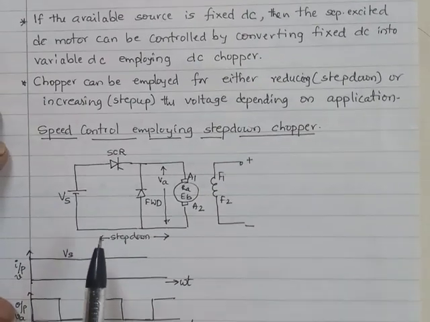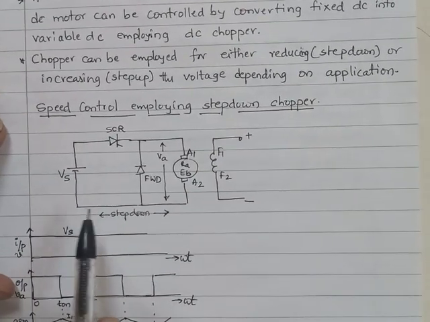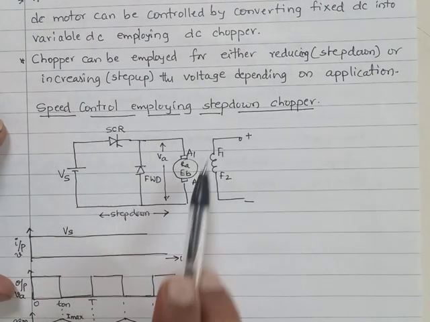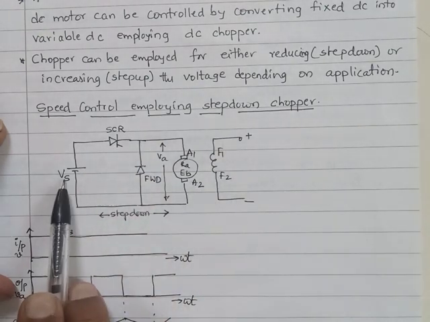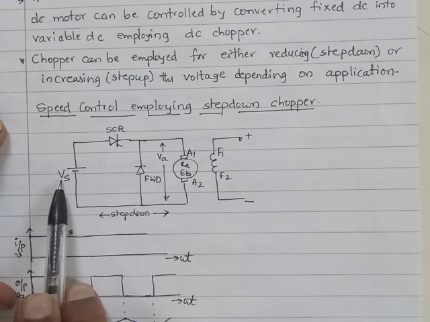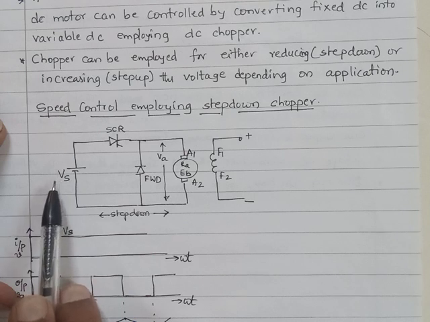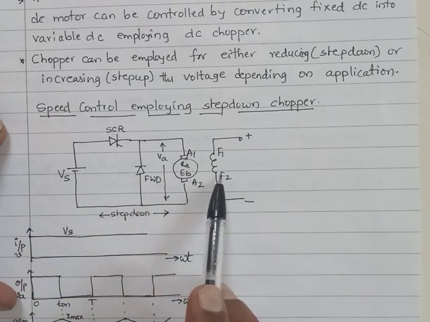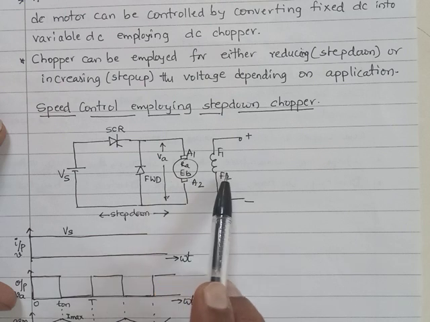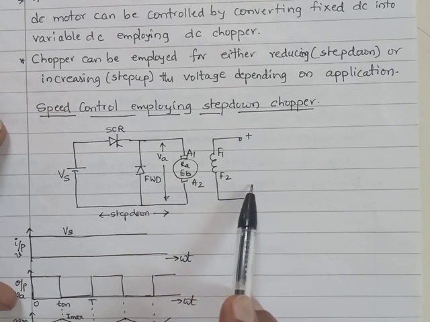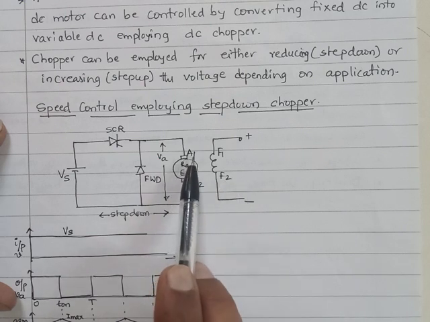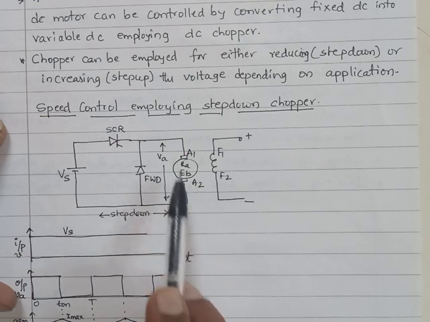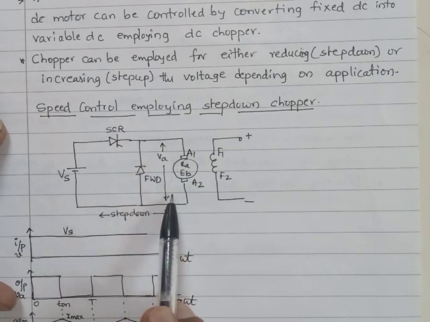Look at the circuit here. We have the circuit, the supply fixed DC of magnitude Vs, DC motor, armature, field. Field is separately excited, armature between A1 A2, and voltage across the armature is VA.